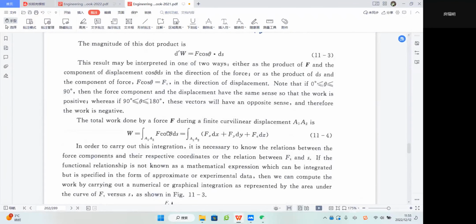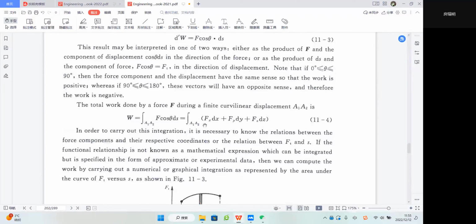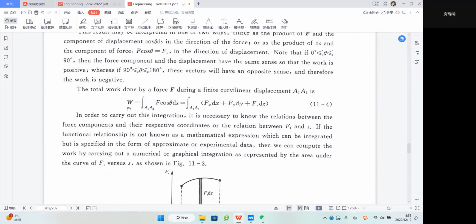Then we just write F and dr, ds into three components and change into this. Actually, this just tells us what work is and how to find the work of a variable force.